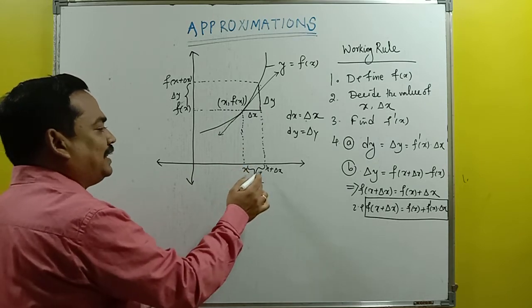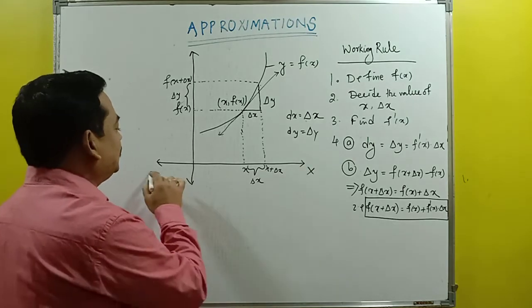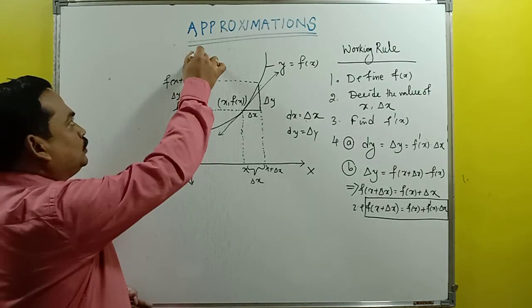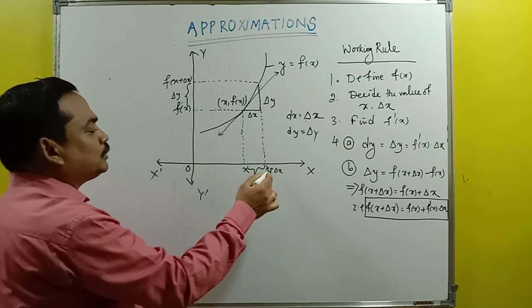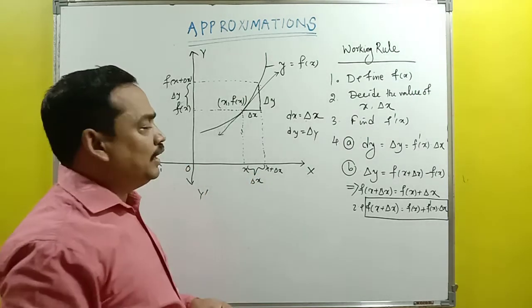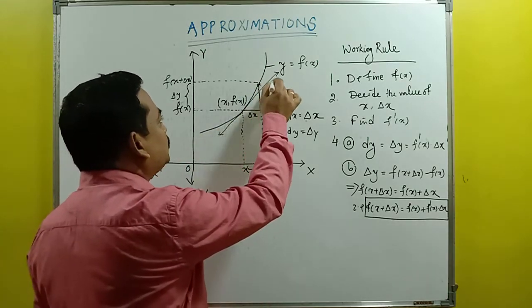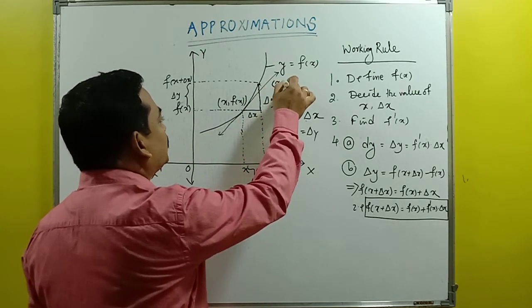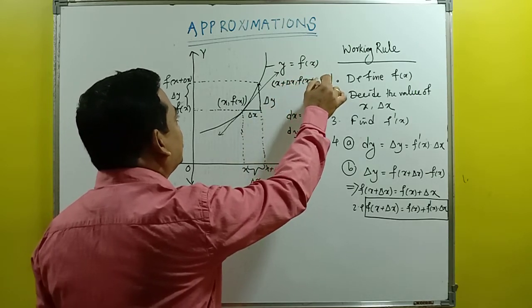If there is a slight change as you go to the right side of the x axis, this will be the addition, and this will be x plus del x, some change is there. In that case the coordinates of this point are x plus del x comma f of x plus del x.